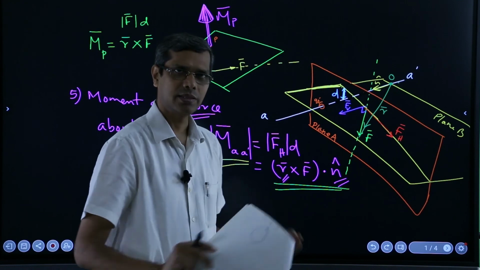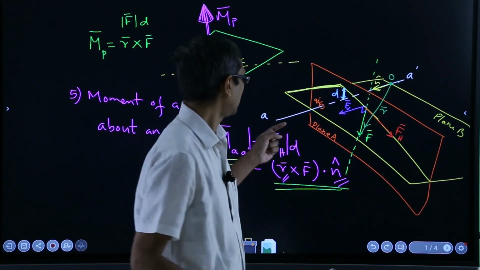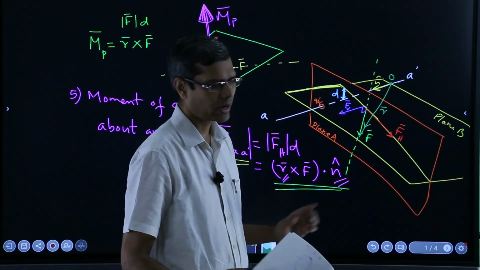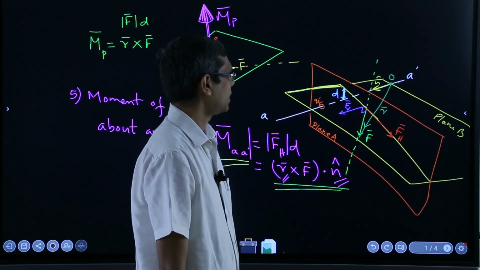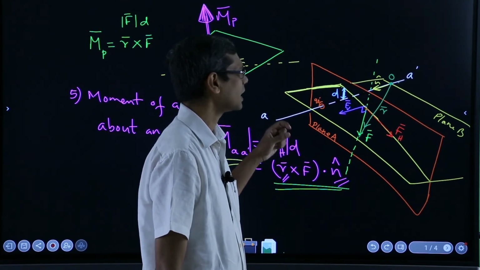So in summary, from the beginning, you had an axis, you had a force, okay, randomly placed with respect to each other. Now how to calculate its moment about this axis?